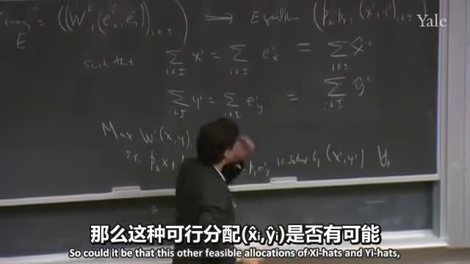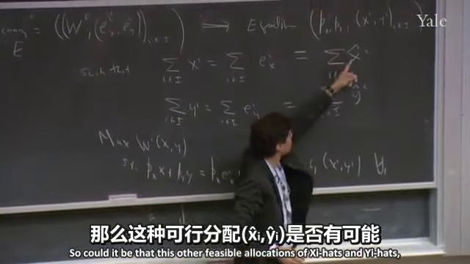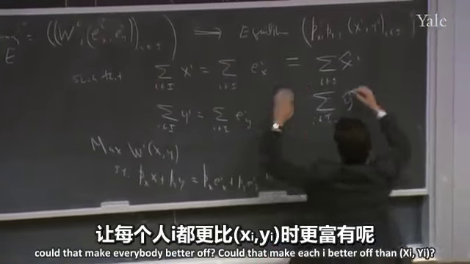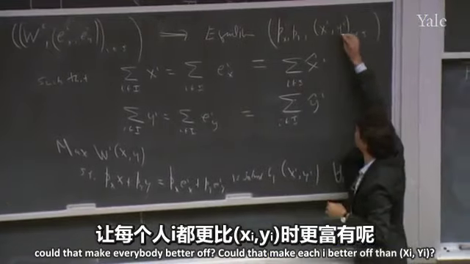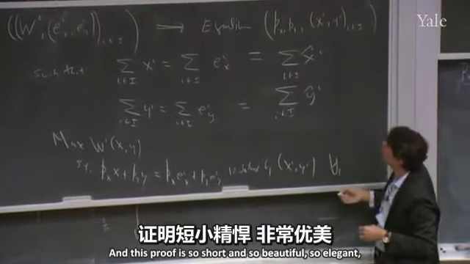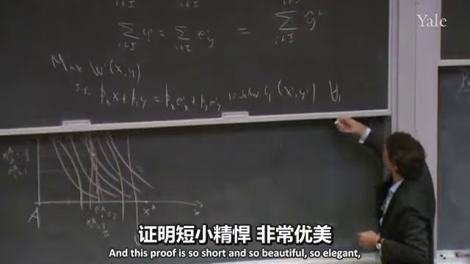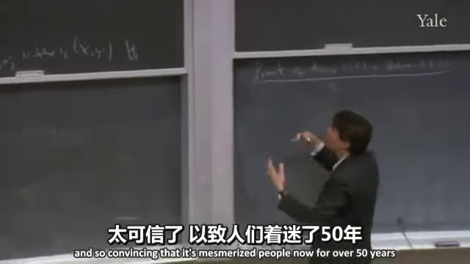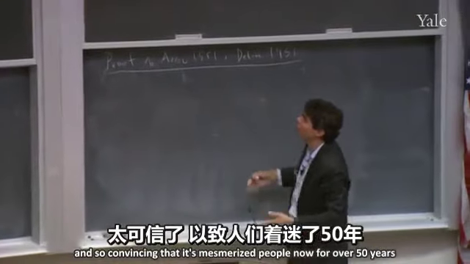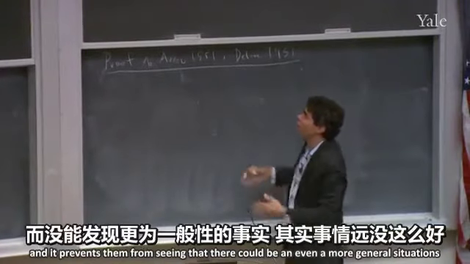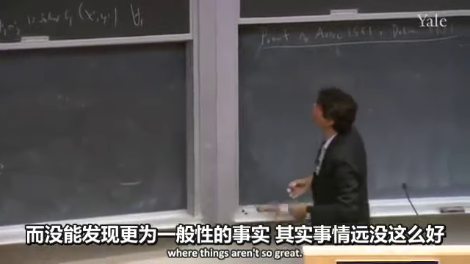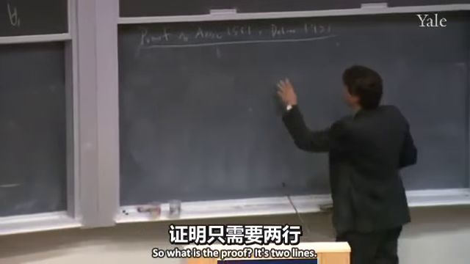Could this other feasible allocation of X hats and Y hats make each i better off than Xi, Yi? This proof is so short, so beautiful, so elegant, and so convincing that it's mesmerized people for over 50 years, and it prevents them from seeing that there could be even more general situations where things aren't so great. So what is the proof?